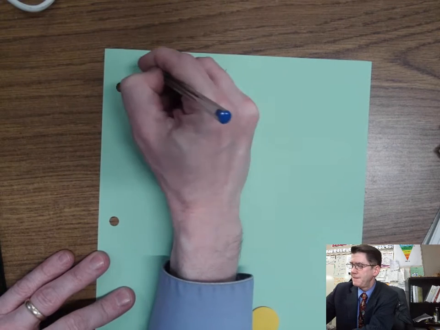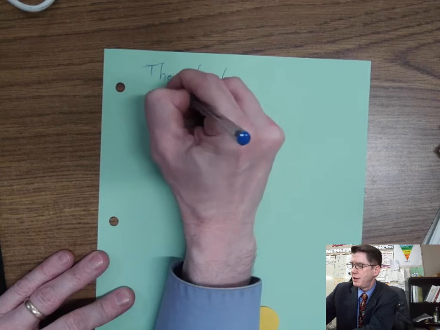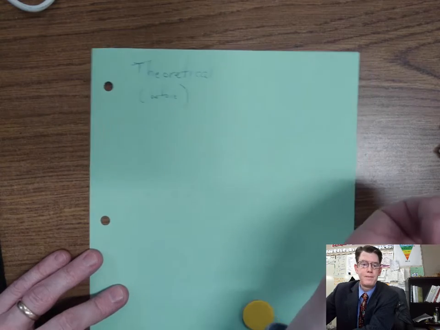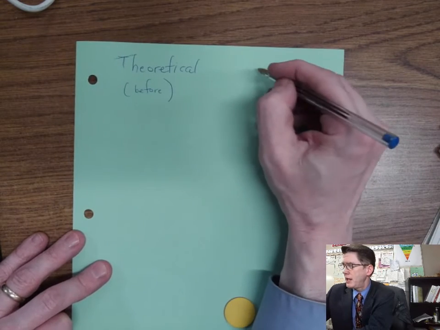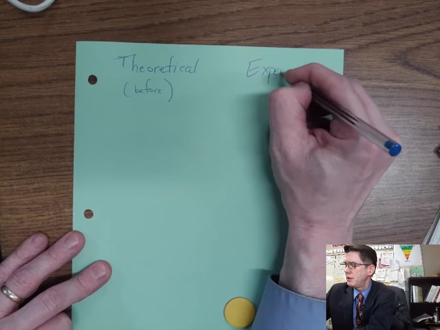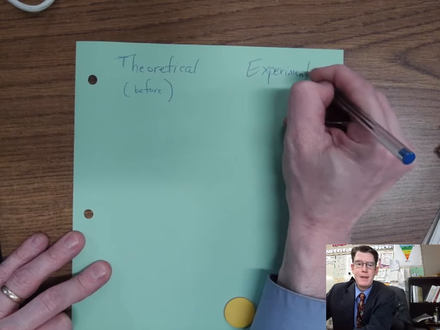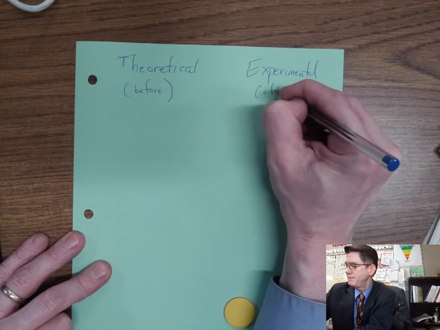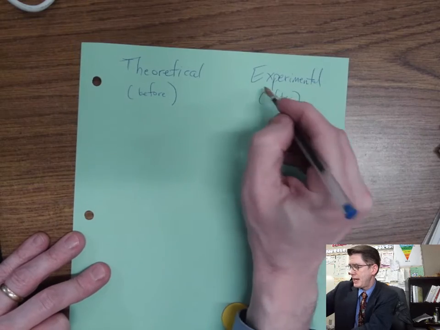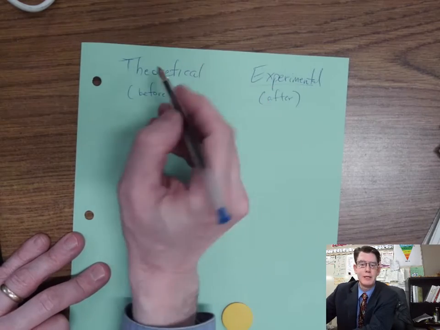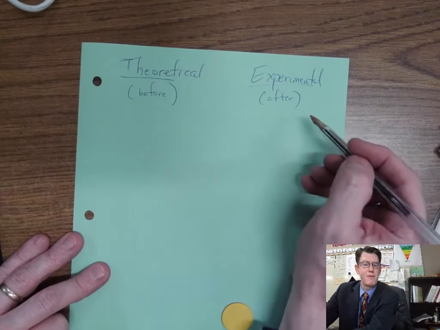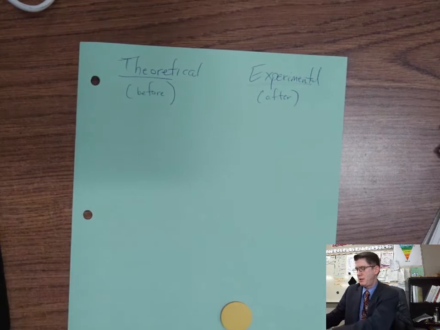probability is talking about the before, and the experimental probability is talking about the after. Like we're holding an experiment. We've got a theory beforehand, but then we do an experiment and we get the answer.